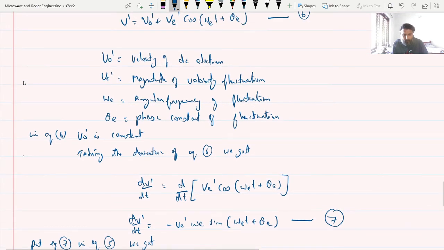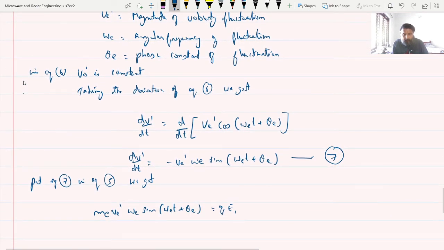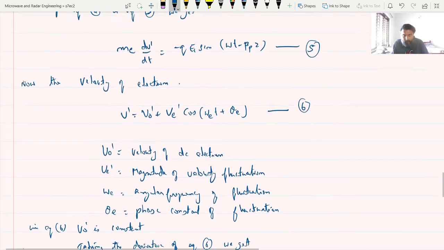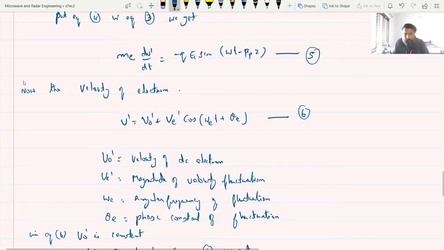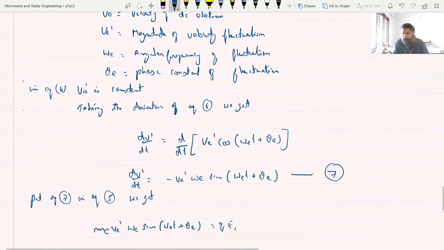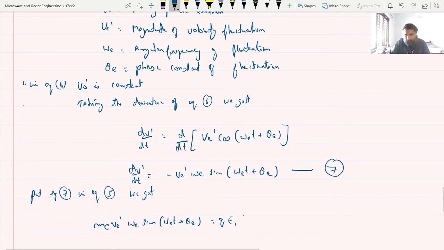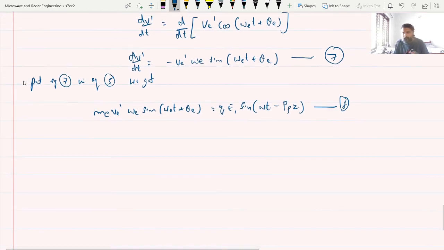It will be me ve dash omega e sin(omega e t plus theta e) is equal to QE1 sin(omega t minus beta p). Call it as equation number 8.